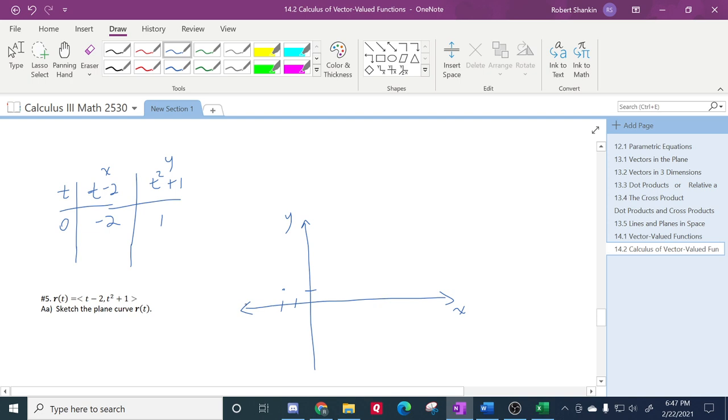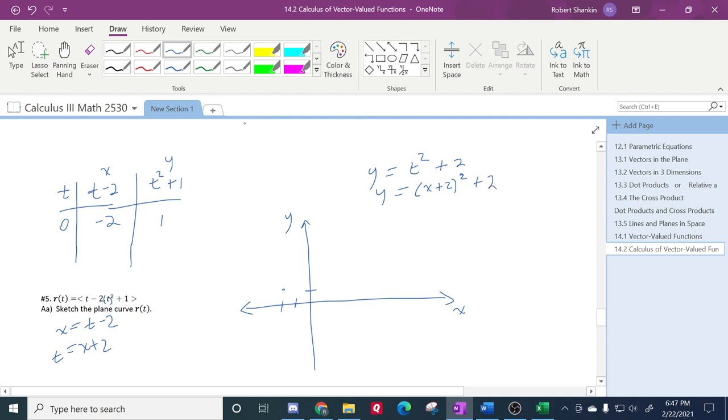So what's another way we could have sketched this? We could have done the trick that we learned with parametric equations, and solve for t and then write it as an xy equation. So then add 2 to both sides. t is equal to x plus 2. And then every time we see that t in this equation, replace that t with x plus 2, squared plus 2.